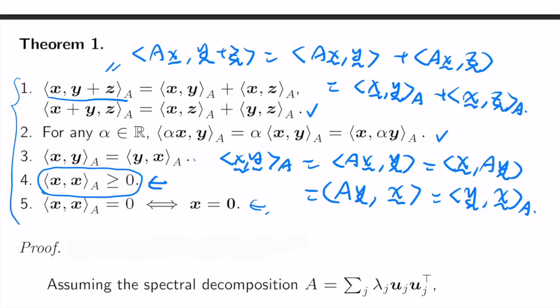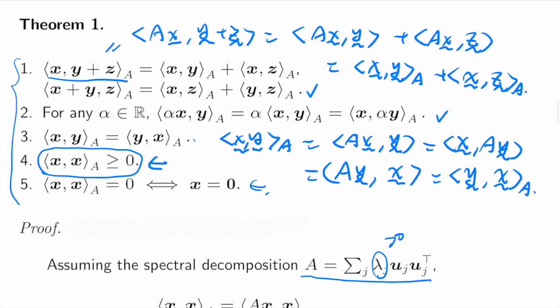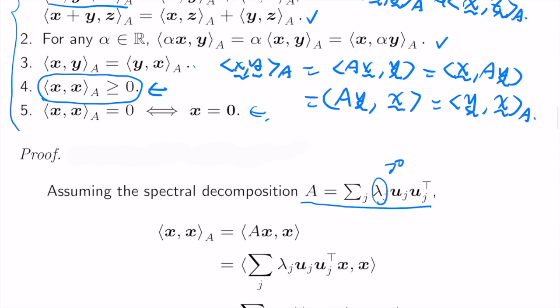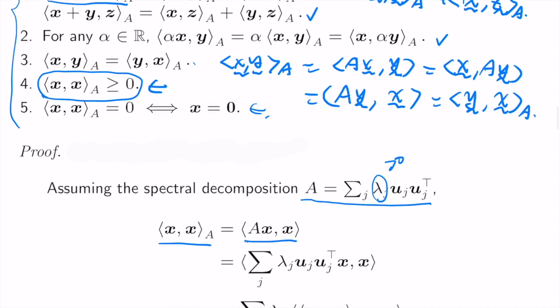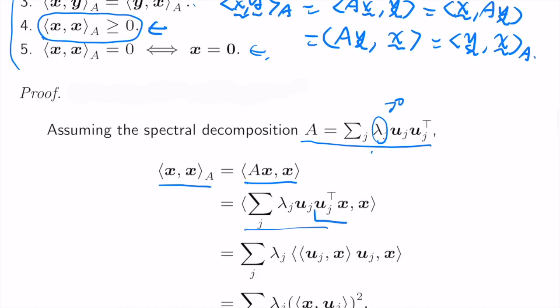So first, let us assume this spectral decomposition. And since A is assumed to be positive definite, all of the eigenvalues are positive, strictly positive. Okay, so if we take this inner product, by definition it is this, and we apply this spectral decomposition, and we have this. And again, this part is the usual inner product, so we replace this with this, and this is now a constant, so we can take it out.